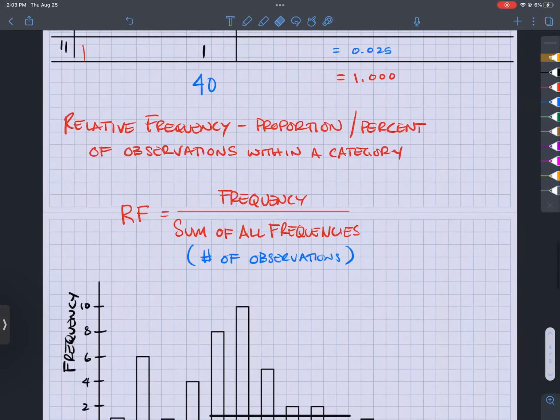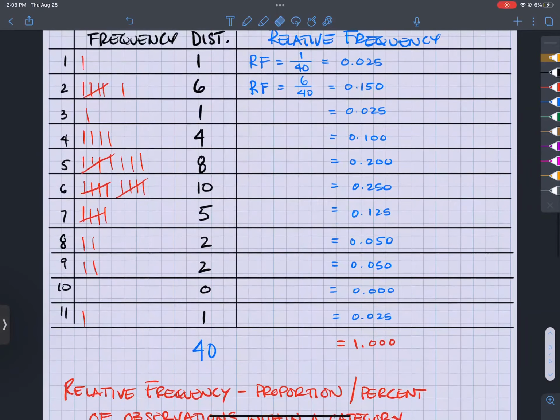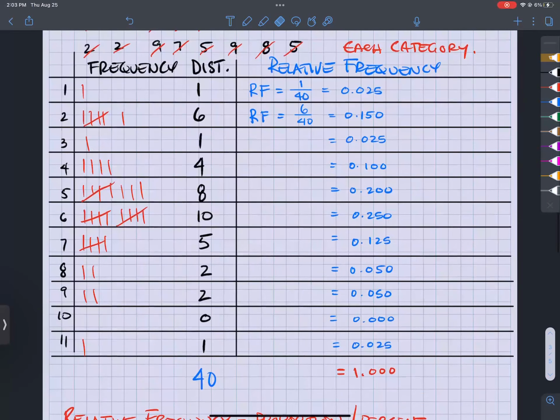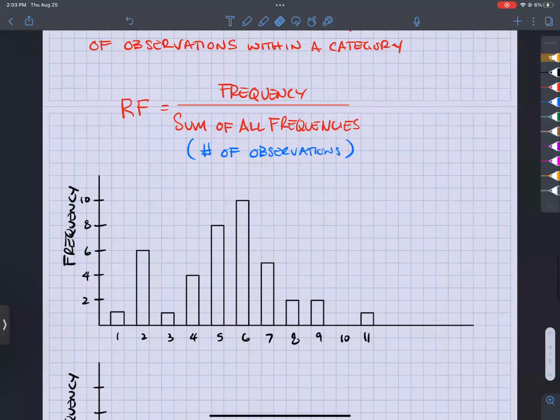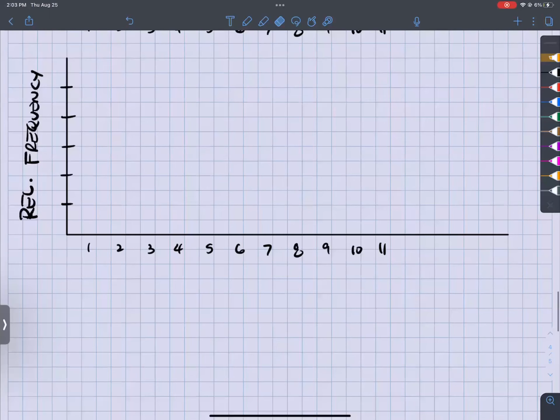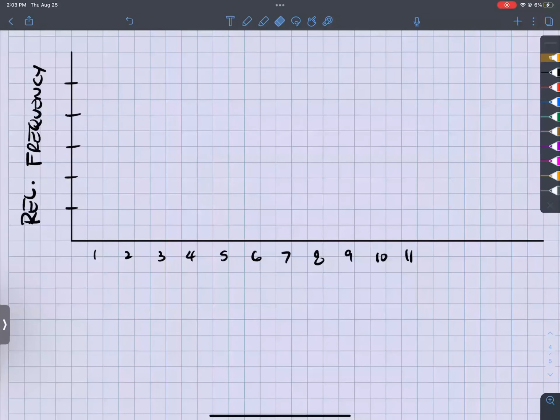But I could also do it with the relative frequency. And if I look at the relative frequency, that's going from what? The highest is 0.25. Let me do this.